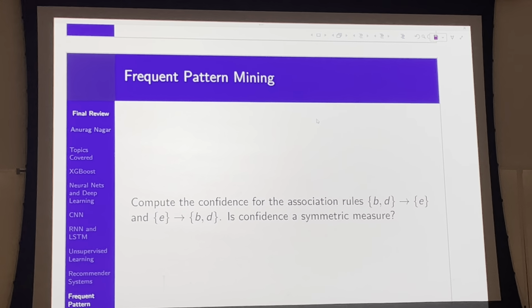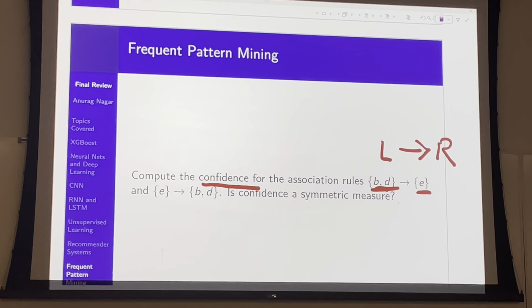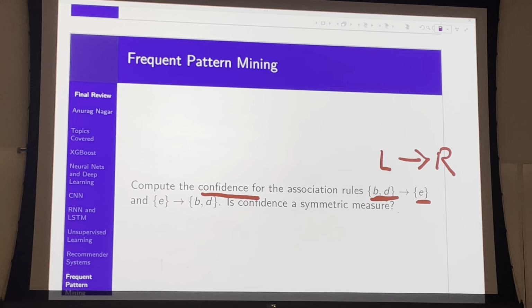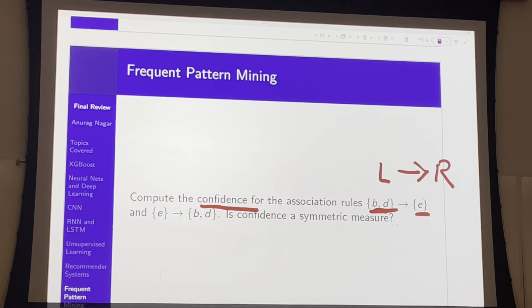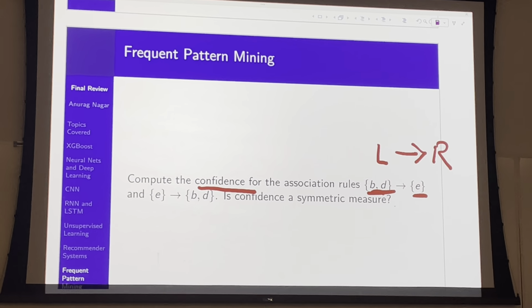If left hand side, what is the probability of right hand side? That is called the confidence of a rule. For example, given that somebody has bought milk, what's the probability that they will buy cheese? Or given somebody has watched Jurassic Park, what's the probability that they will watch Back to the Future? So if you can tell me the answer, I'm going to be impressed.